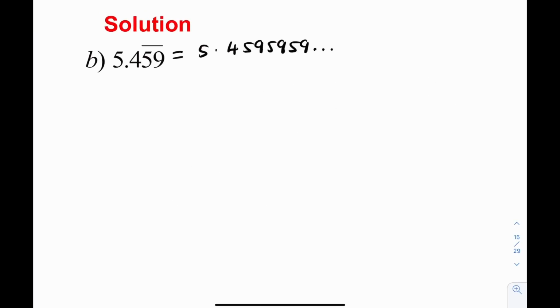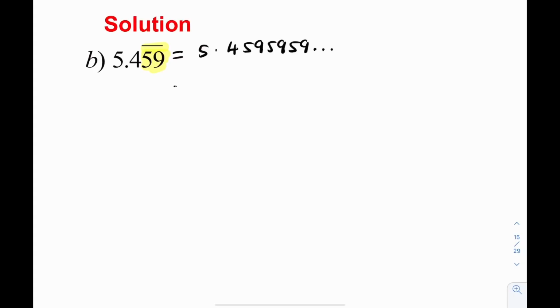Now let's try example 5b, 5.459 bar, or you can write it as 5.4595959 triple dots. First, you need to write it as a series. In order to recognize the series, you need to check which numbers are repeating. In this case, 5 and 9 are repeating.